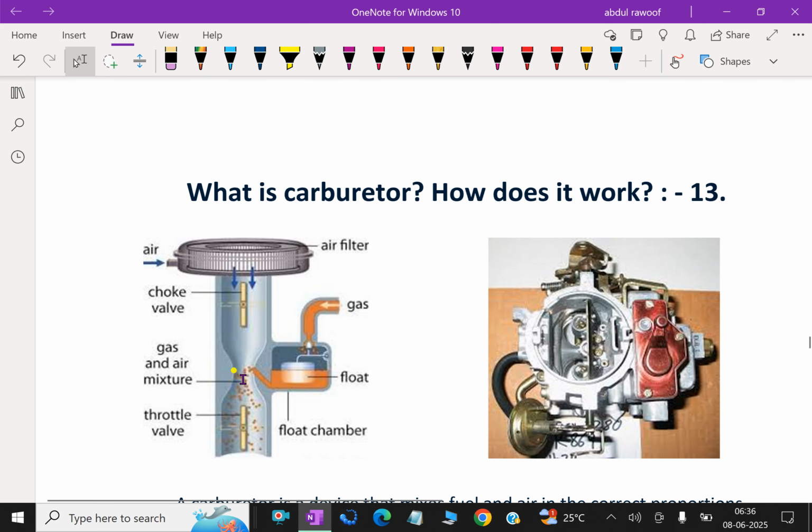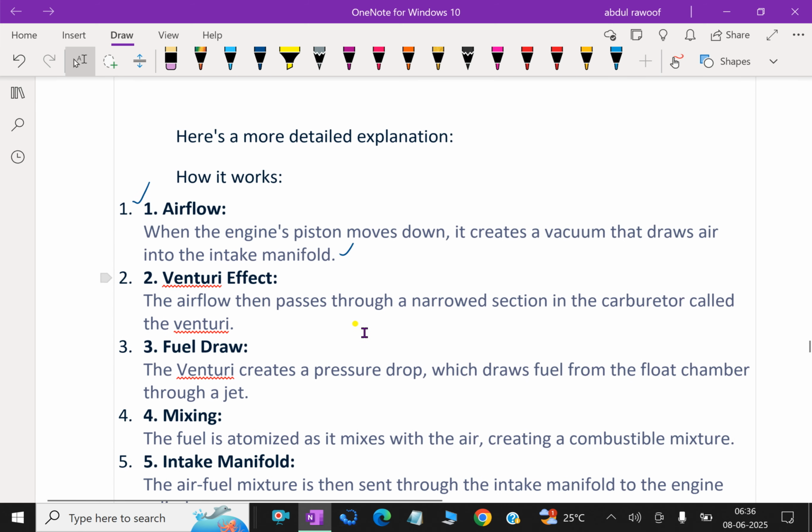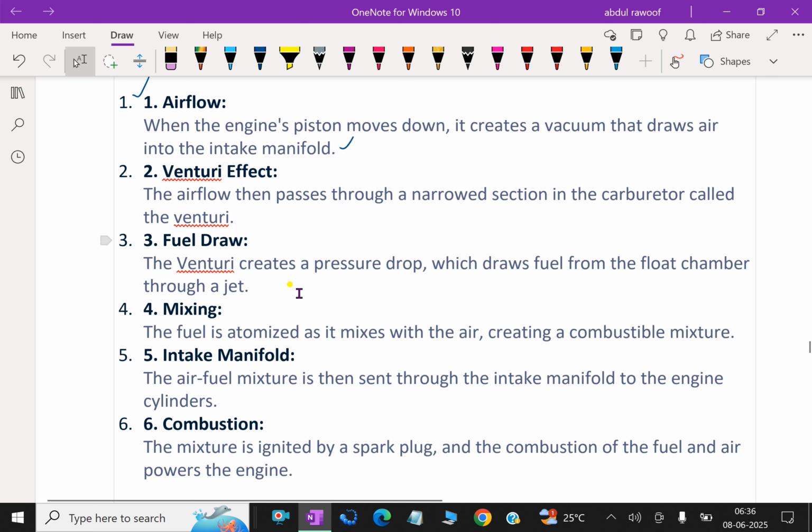In this position, the velocity of the air is higher. The fuel draws: the Venturi creates a pressure drop which draws the fuel from the float chamber through a jet. The fuel is atomized as it mixes with the air, creating a combustible mixture.